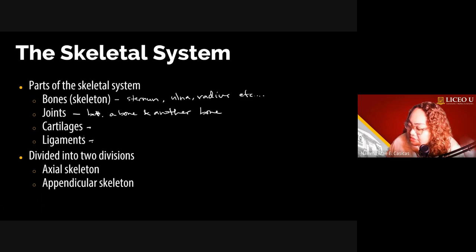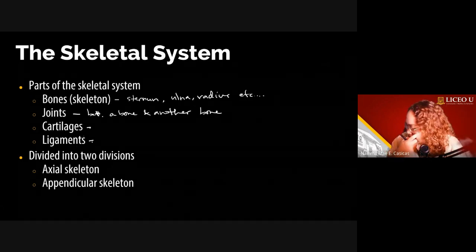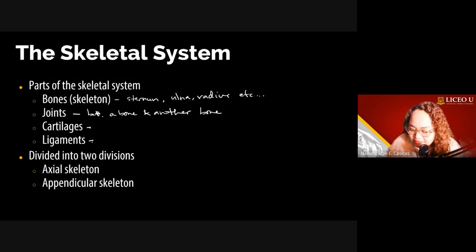Naay mag-connect from muscle to the bone, because it allows movement. And then you have bone to bone and muscle to muscle connections. So those are your cartilages and your ligaments.